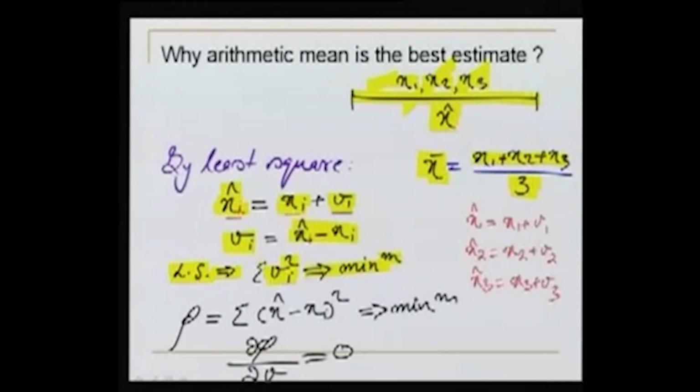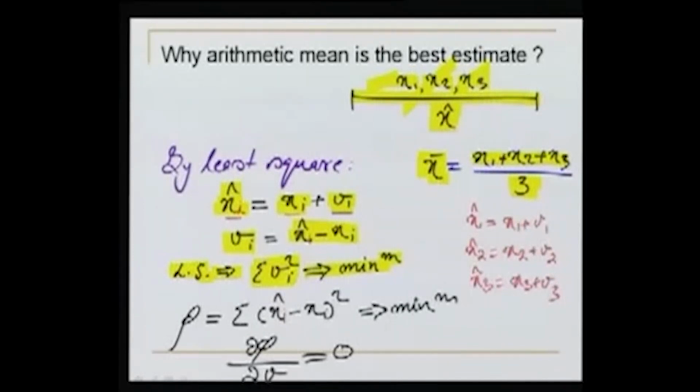Now if sigma of vi square is minimum, what is sigma of vi square? Our vi is xi hat minus xi. So we write here sigma of xi hat minus xi square. I will write i for some time, then later on I will not use this i; we will talk about why.